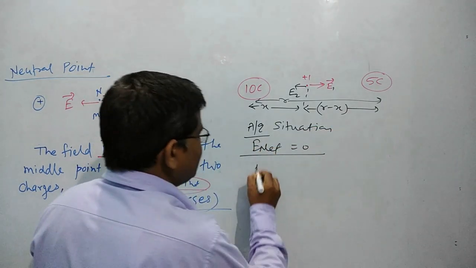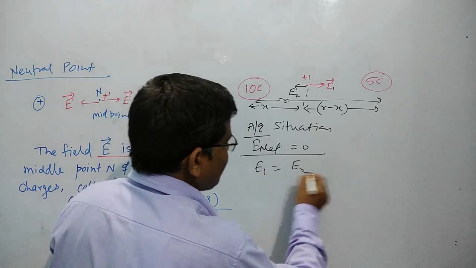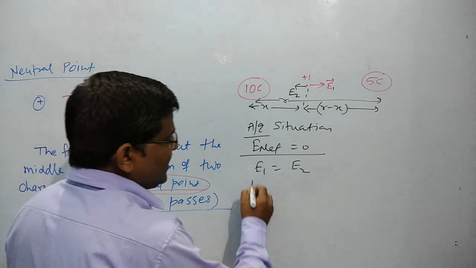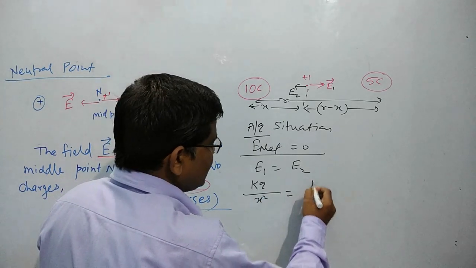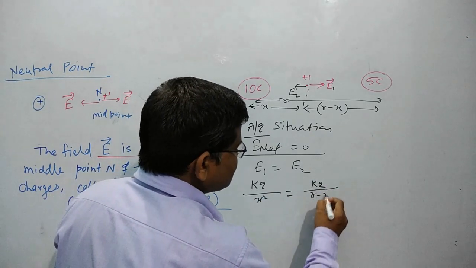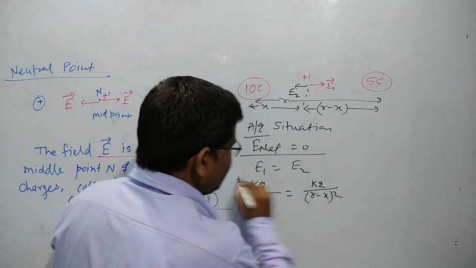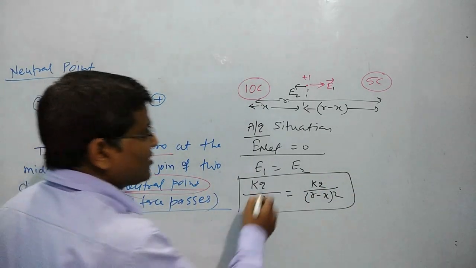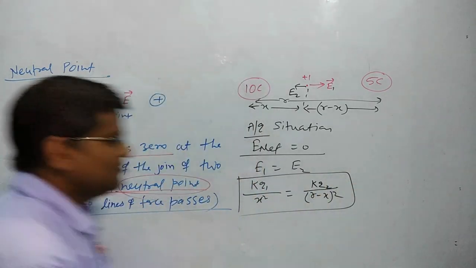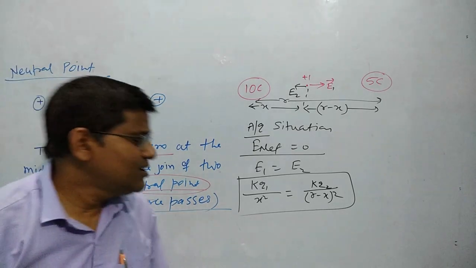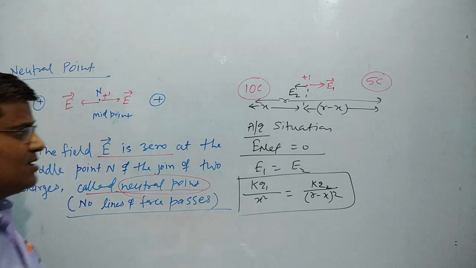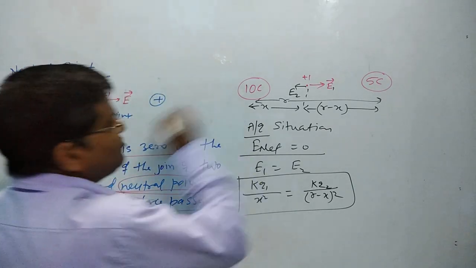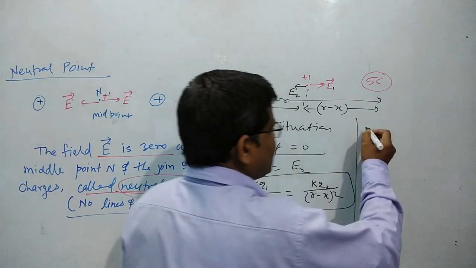It means E1 equals E2. Then kq1 by x squared equals kq2 by (r minus x) squared. You find the q1 and q2 values and find the required value as asked in the question paper. And suppose q1 and q2 are different charges.